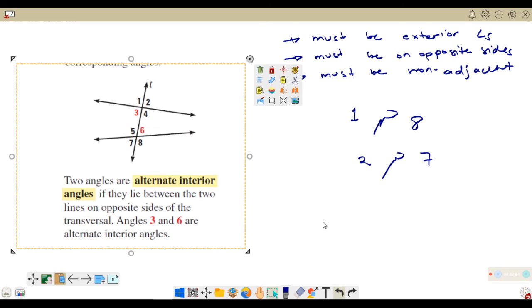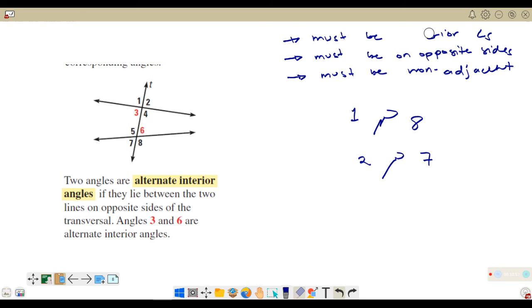May papalitan lang tayo sa definition. Kasi hindi na siya must be exterior. It must be interior. So, dapat interior angle sila. Pag sinabing interior, edi lie between the two lines opposite the sides of the transversal. So, nasa inside, ang mga choices lang natin ay 3, 4, 5, 6. Yung apat lang. Must be on opposite side.